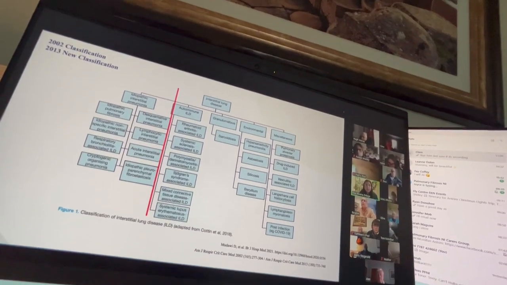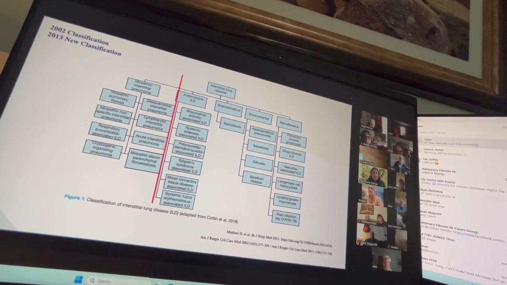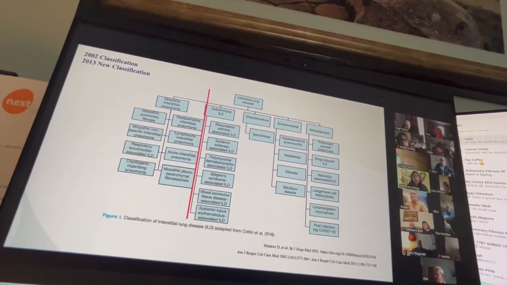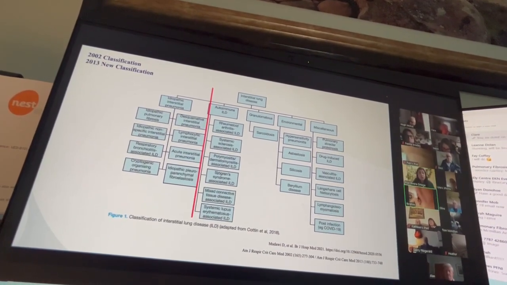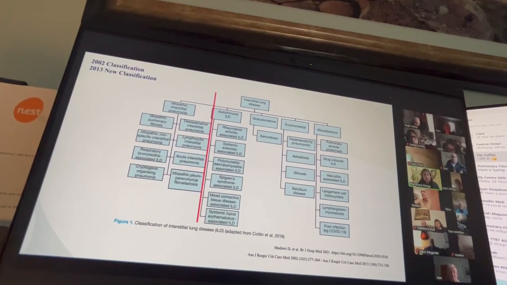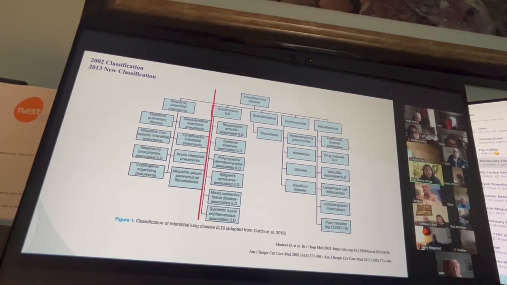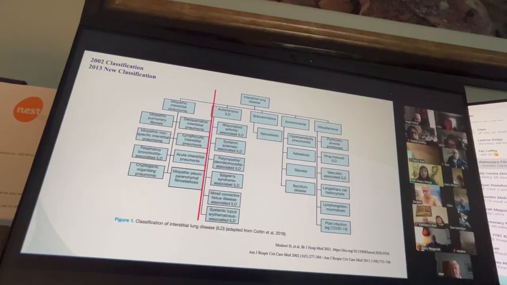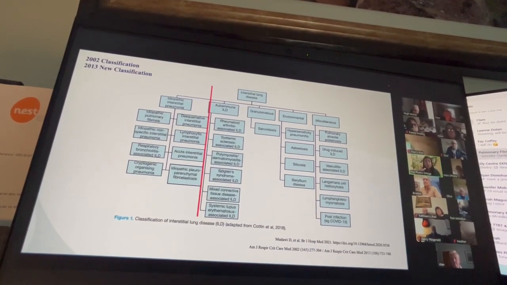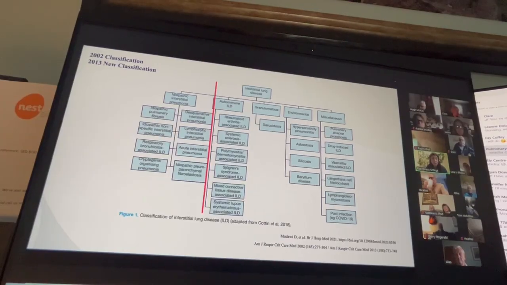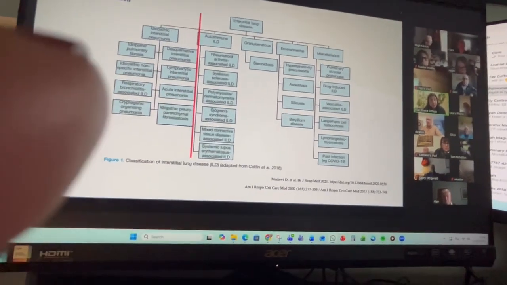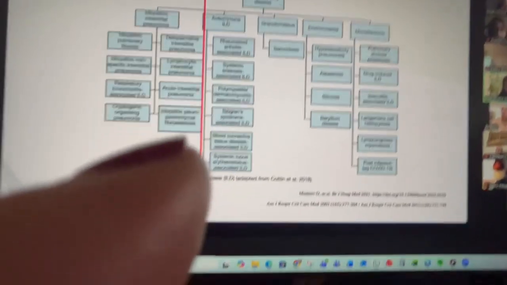But if I ask you where in this classification would be the location of familial pulmonary fibrosis or familial interstitial lung disease, the answer is there is no one location, because actually any of the 200 types of interstitial lung disease possibly can have genetic predisposition.